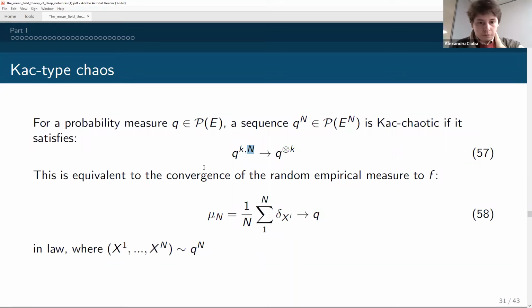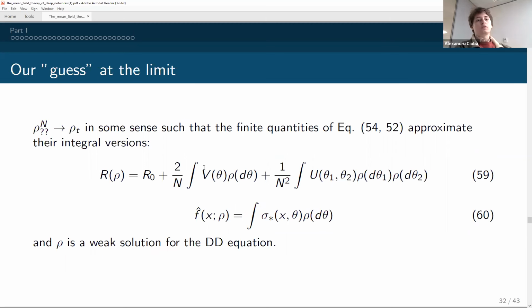Okay, so we would like to formalize the idea that as we keep taking gradient steps on the weights, by adjusting the rate of stepping and the width of the layer of the neural network, we will approach this distributional limit rho t that we presented last time, and I'll rewrite it in a second.